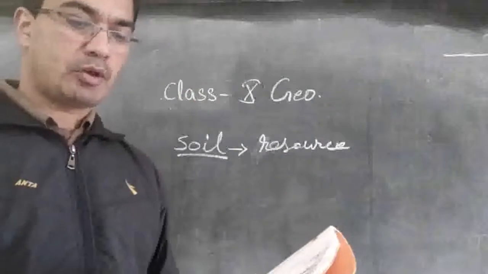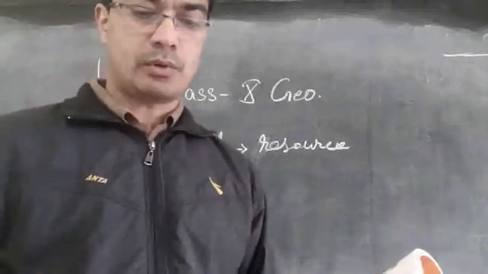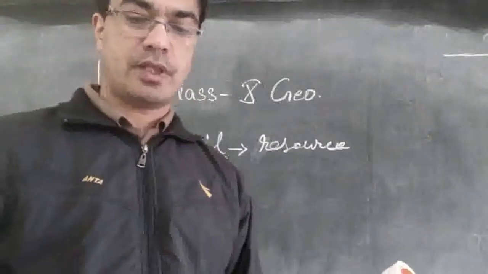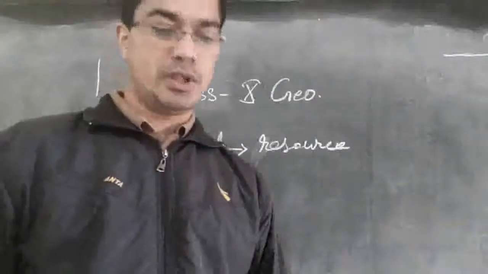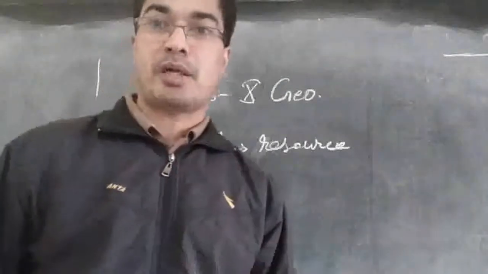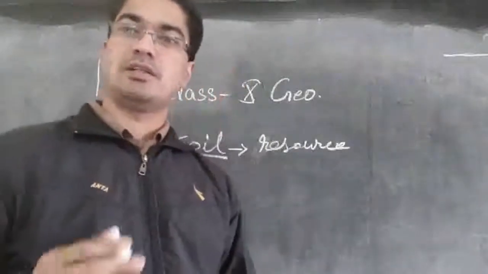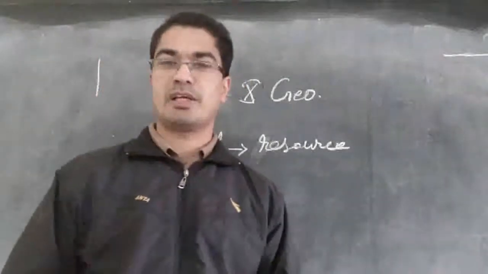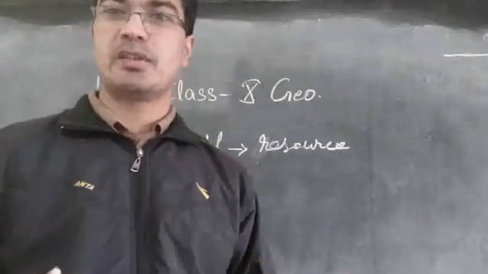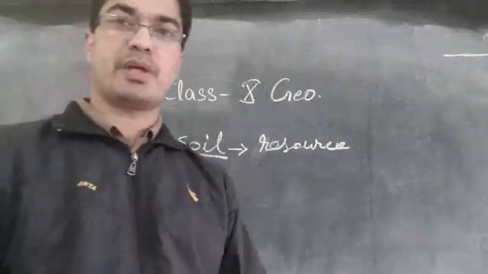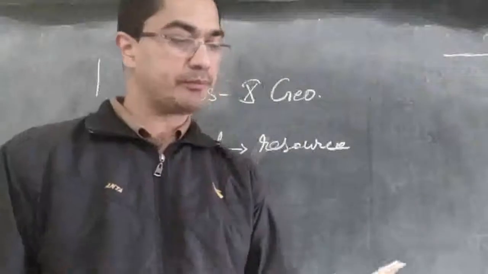It is the medium of plant growth and supports different types of living organisms. We know if the soil is not there, no plant can grow. On the top of the rock, no plant can grow. And the living organisms, the animals, they also cannot survive. So the soil is a very important medium.